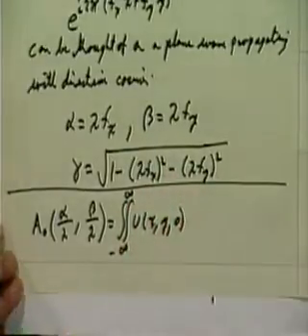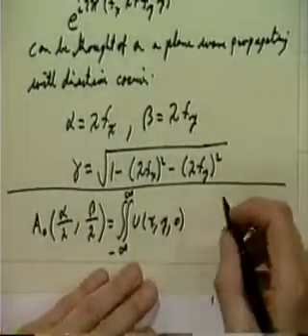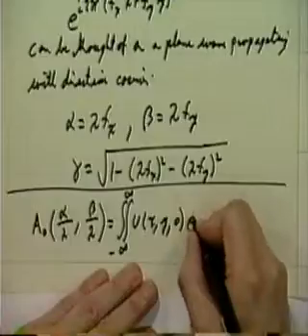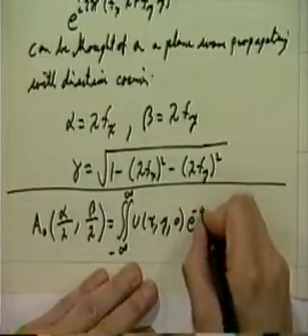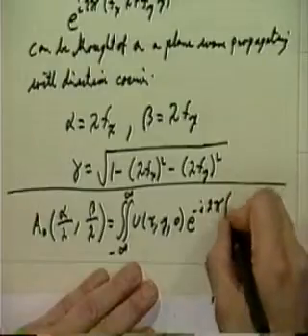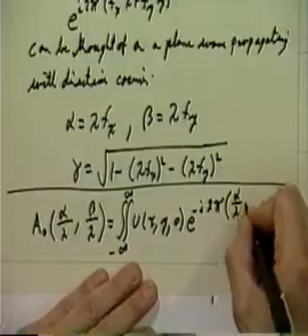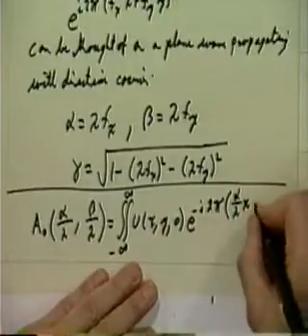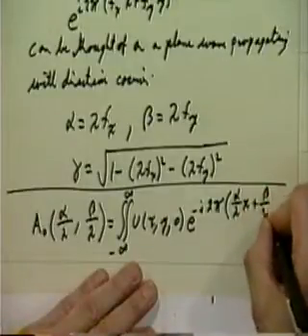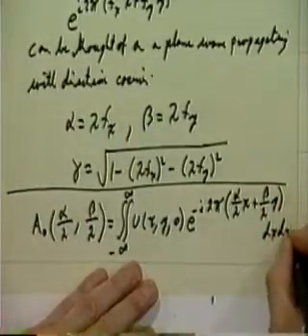We're going to go to the plane where z is equal to 0. So u of x, y, 0, e to the minus i 2 pi (alpha over lambda times x plus beta over lambda times y) dx dy.